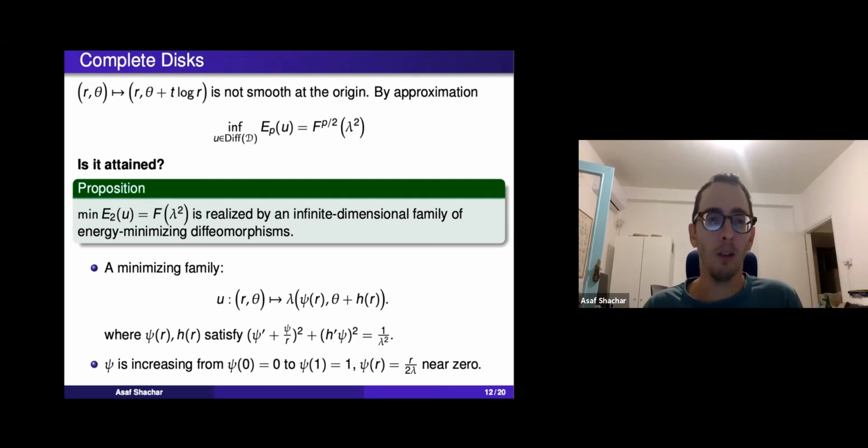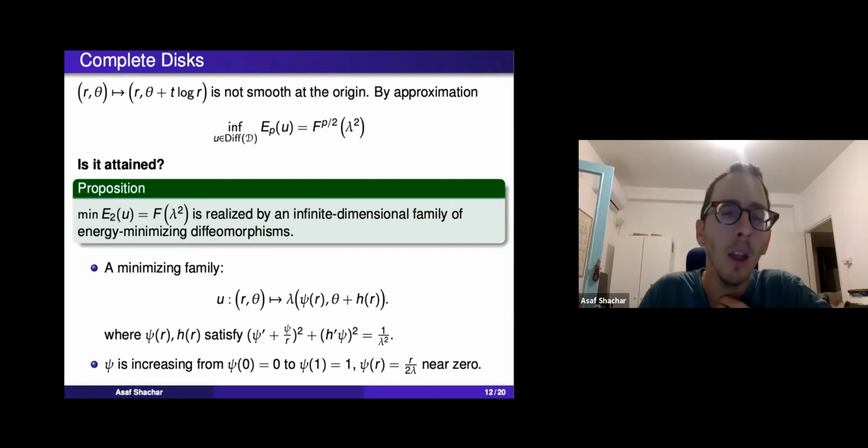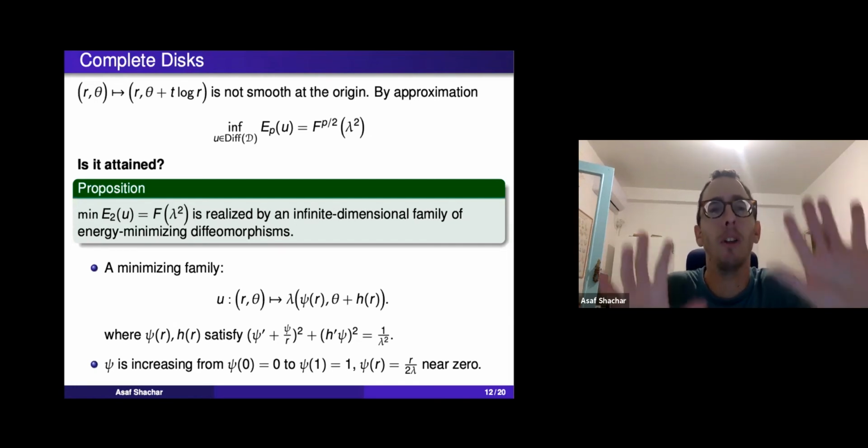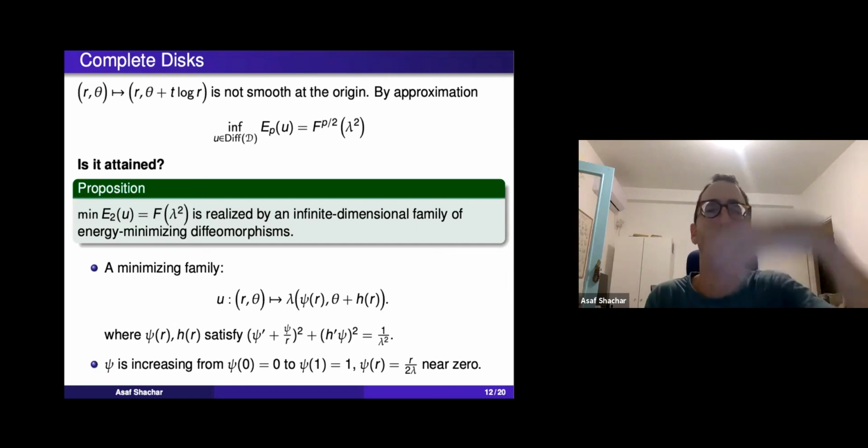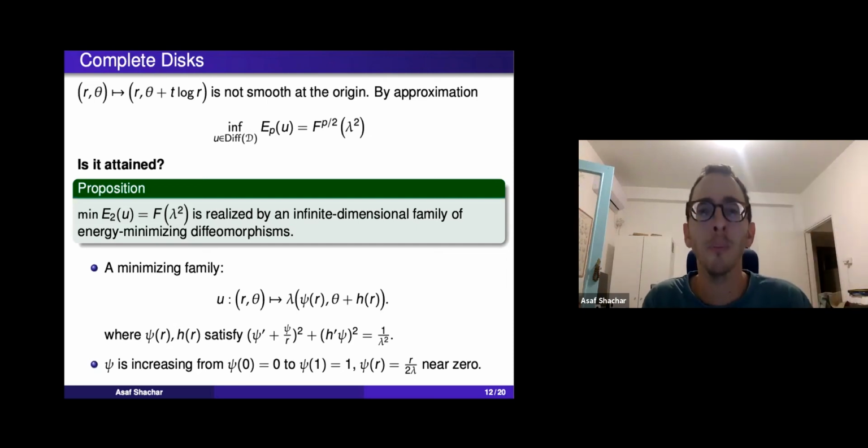And ψ and h need to satisfy some relation, some ODE. And actually, you can construct this where this ψ starts from being linear. So at the beginning, you do start with a rotation up to a small radius, so you don't get any singularity at the origin, and up to some point you do something which is less trivial. And okay, where did I get this from?